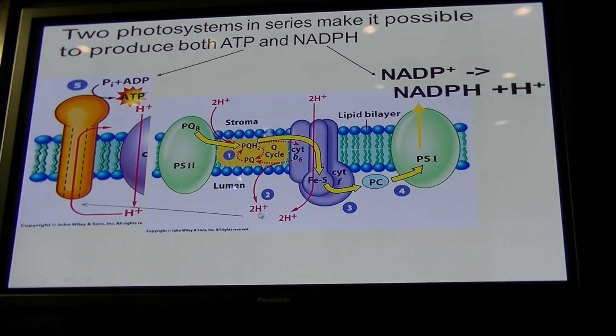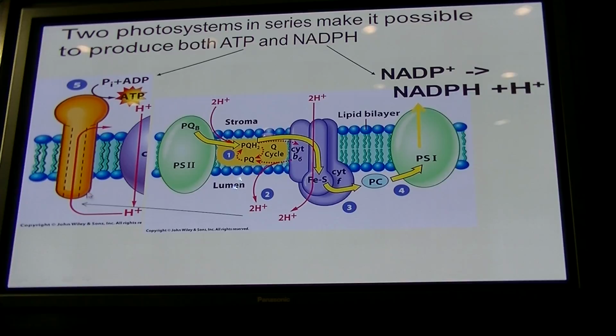So, 2 photosystems in a series make it possible to synthesize ATP, because the proton gradient that's produced here, those protons flow via the ATP synthase to give the generation of ATP from ADP and Pi. The ATP synthesis occurs in the stroma, the equivalent of the cytoplasm for the chloroplast.